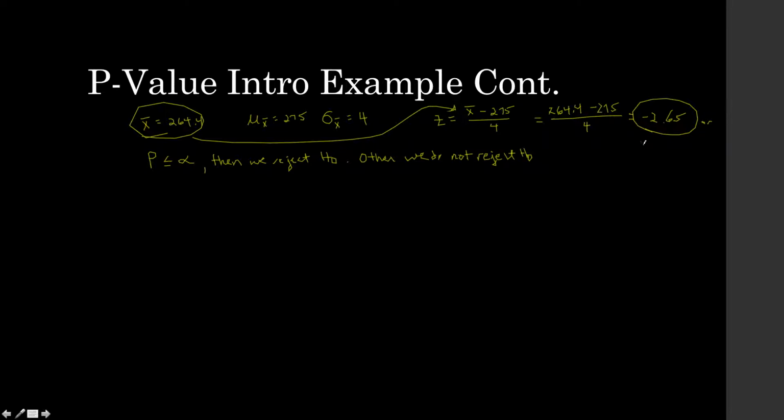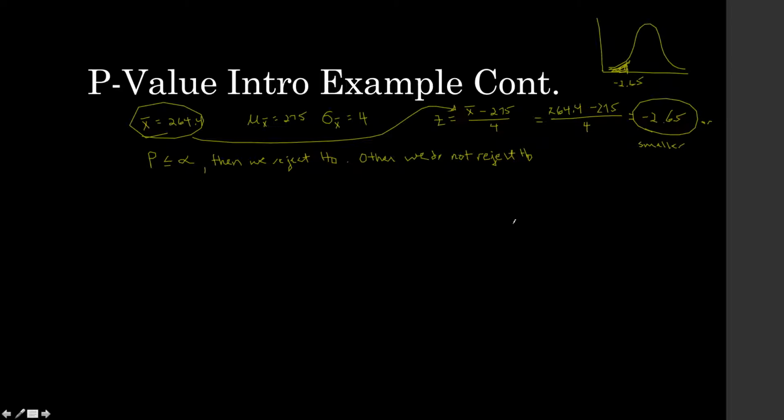That's where you have to know your graph, because what we actually have here is a normal curve. Negative 2.65 is right here. If we want the probability of getting negative 2.65 or smaller, we need to find this probability to the left of negative 2.65.